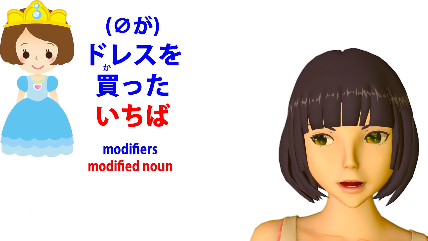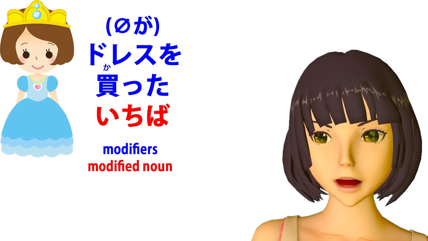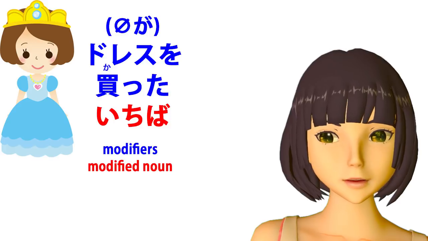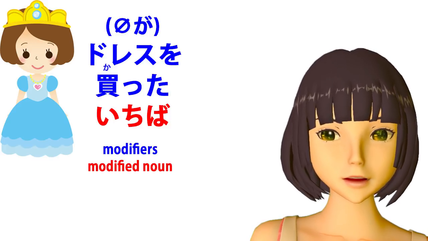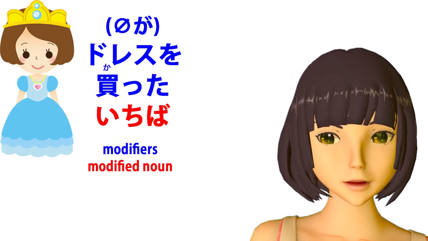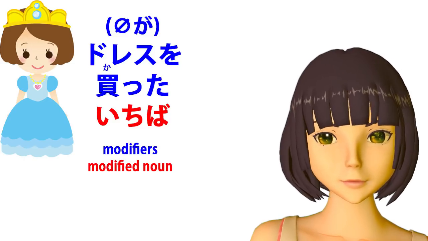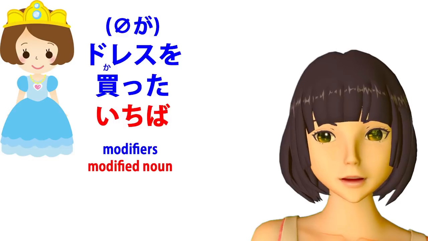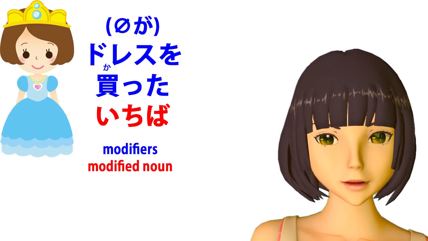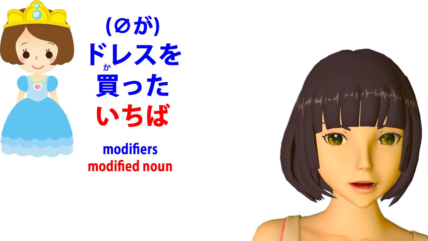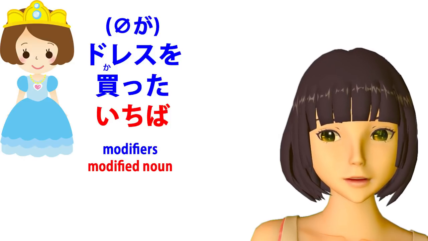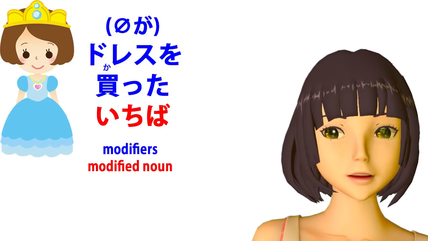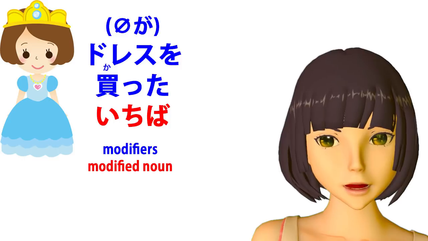Now, we can just as easily bring the market to the head of the clause. We can say, doresu o katta ichiba. And now we're saying, the market at which I bought the dress. And again, we know this isn't a logical clause because it doesn't have an engine at the head. At the head, it has a noun, and so that noun must be modified by what is going before it.